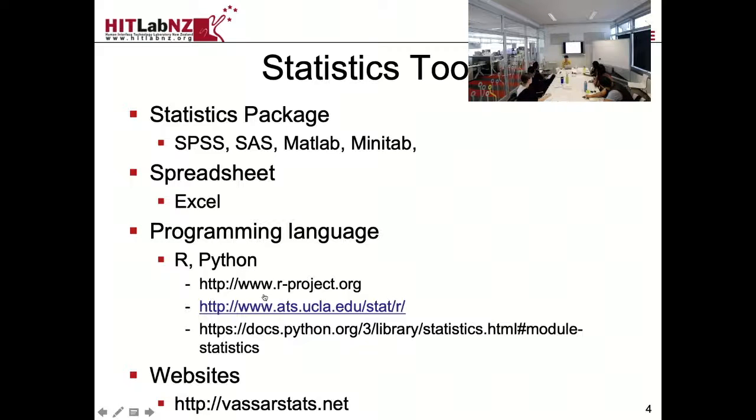To control each data set, have you any experience using this kind of tool or API before? Okay, SPSS, SAS, MATLAB, Minitab, maybe Excel, right? Yeah, Excel. And then R or Python, okay, which one?